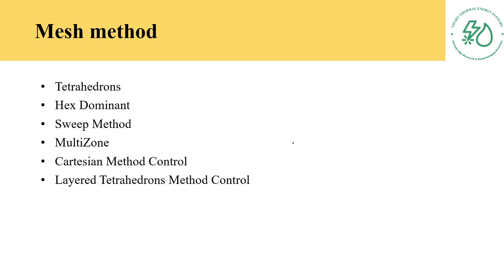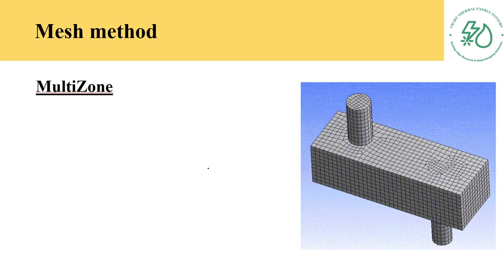And there are different types of methods to mesh your geometry, including tetrahedrons, hex dominant, sweep method, multi-zone, Cartesian method control, layered tetrahedrons method control. For a multi-zone, this mesh method provides automatic decomposition of geometry into mapped regions and free regions.